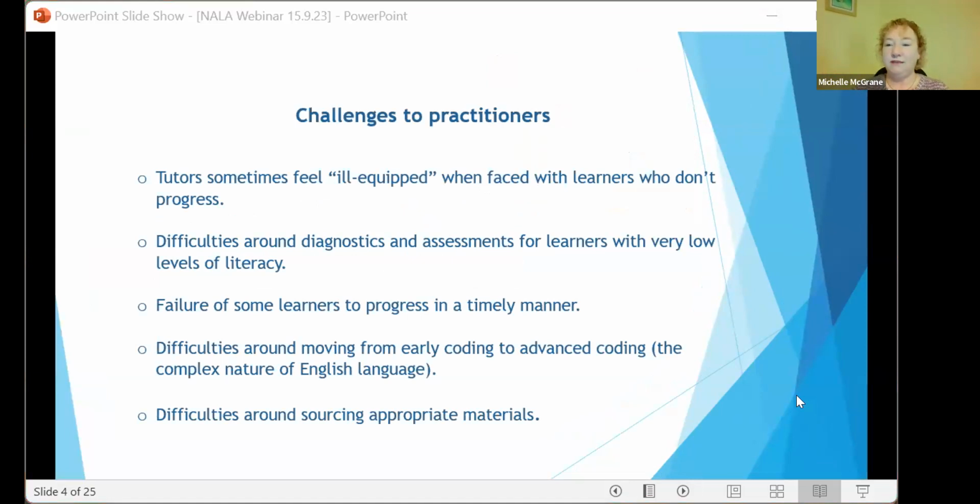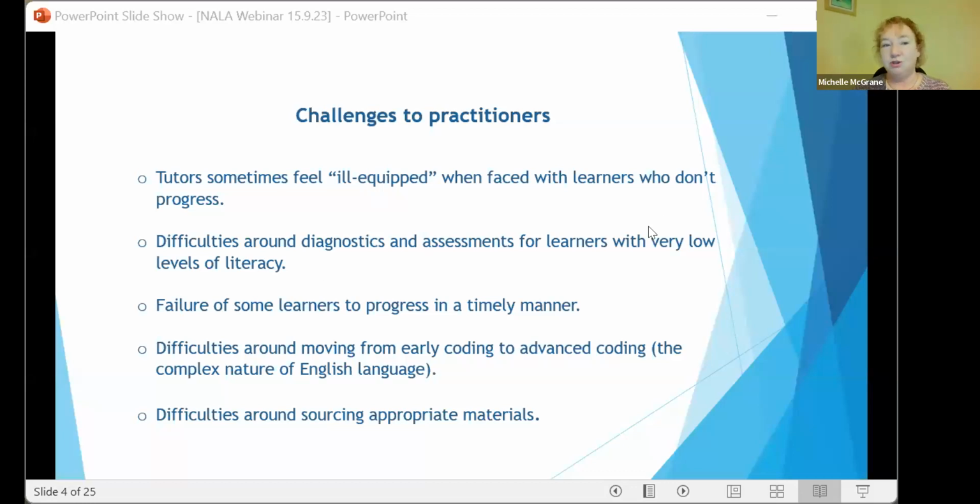As I go through these quite quickly, because it's maybe stuff that you are already aware of, I wouldn't mind if you wrote a few notes in the chat about other challenges that I may have forgotten to include that you may be aware of.